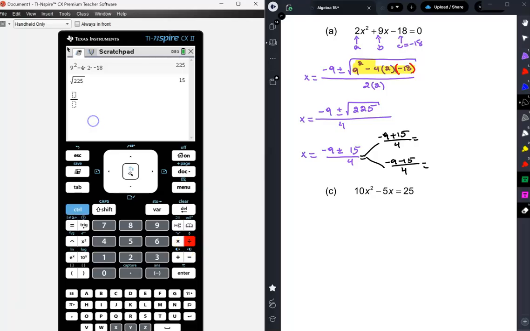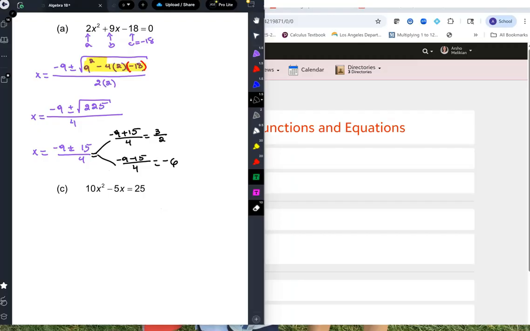Now I'm going to put in negative 9 plus 15, press down over 4, 3 over 2. Let's do it again. Negative 9 minus 15 over 4, negative 6. Oh, wait, what happened?